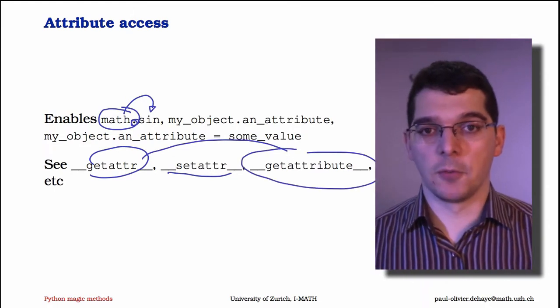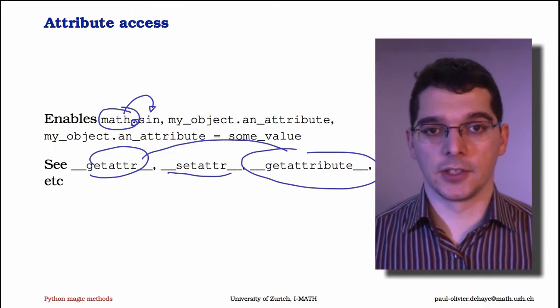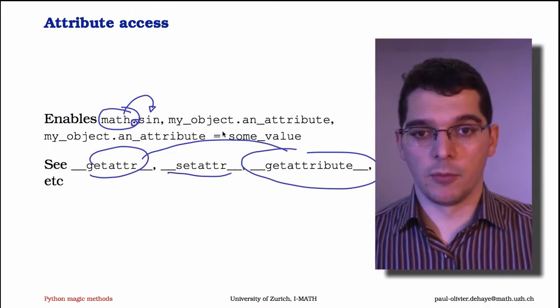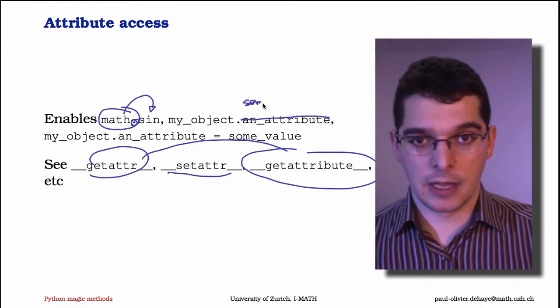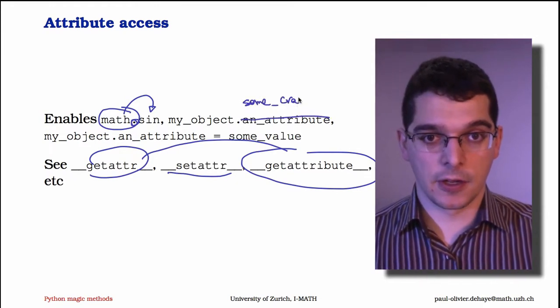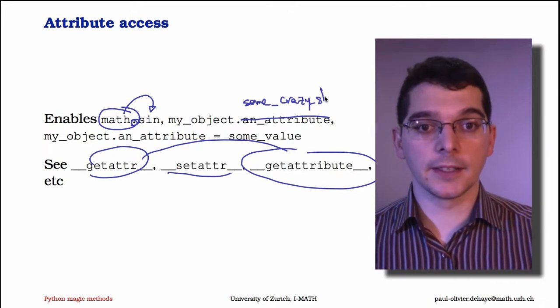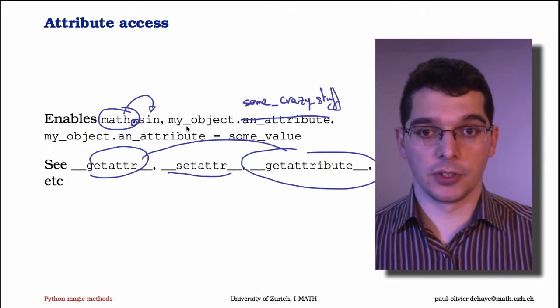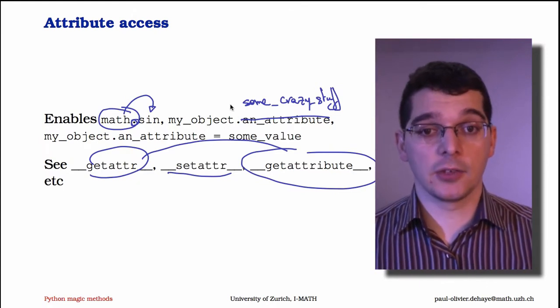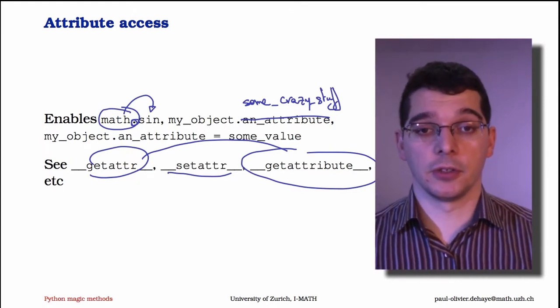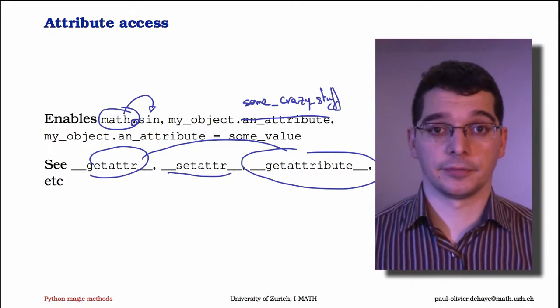It has to do with what to do if the key actually does not exist. So what if you do myObject.not_an_attribute, but some crazy stuff that does not exist as an attribute of my object? So that can only be decided at runtime, and you can have a different behavior than just returning a key error if you want.